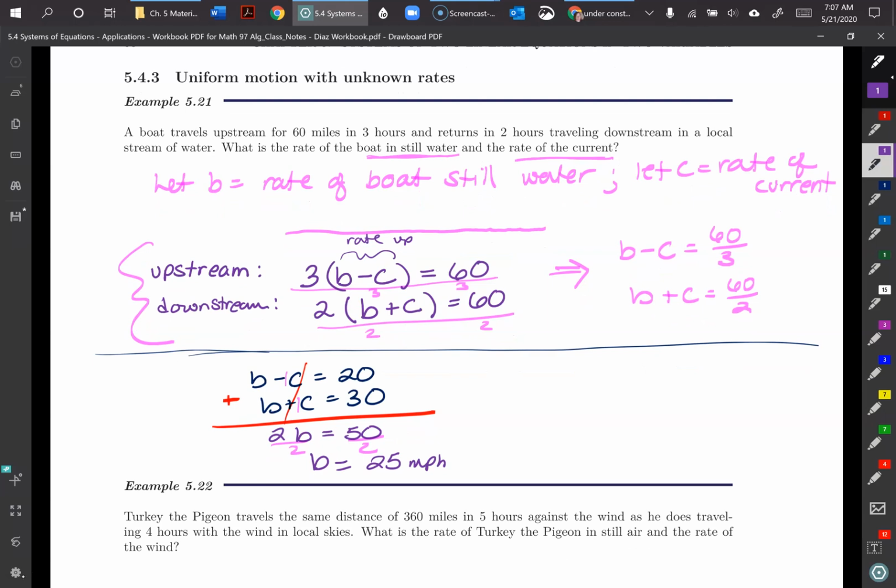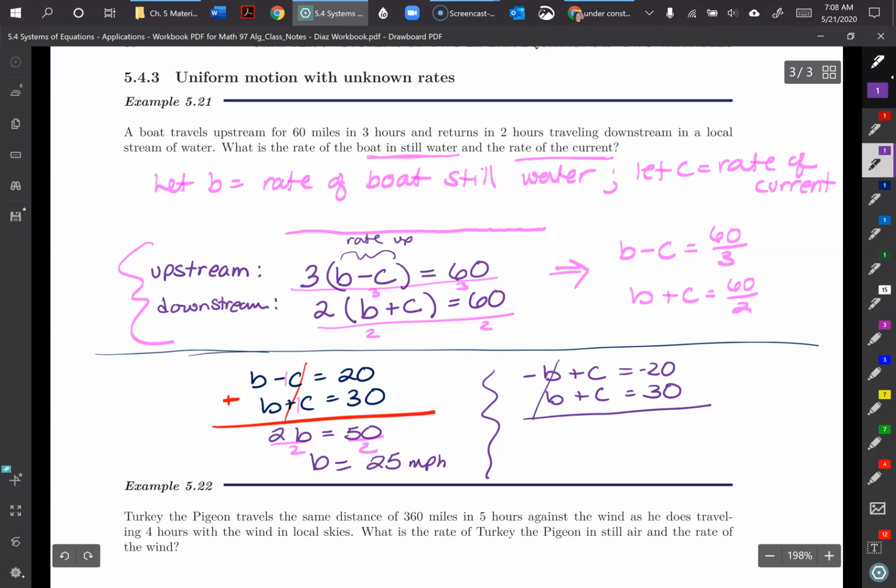Now we can also do the same thing here. We can just eliminate the other one, or we can plug this into either of our equations and figure it out, but I'm going to show you how to do it with the other variable. So if I wanted to eliminate the B's, I would have to multiply through by -1. So I would have negative B plus C equals -20, and B plus C equals 30.